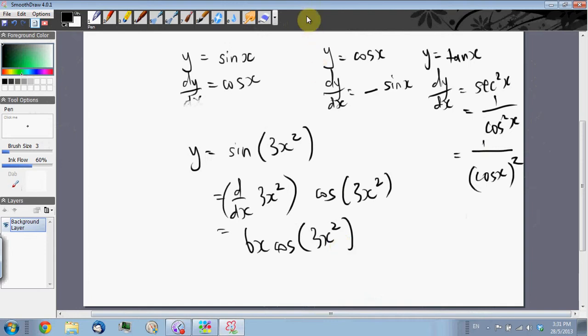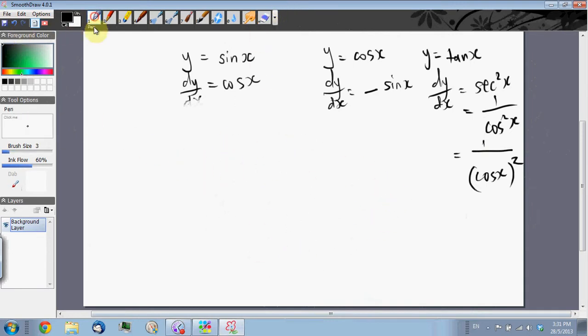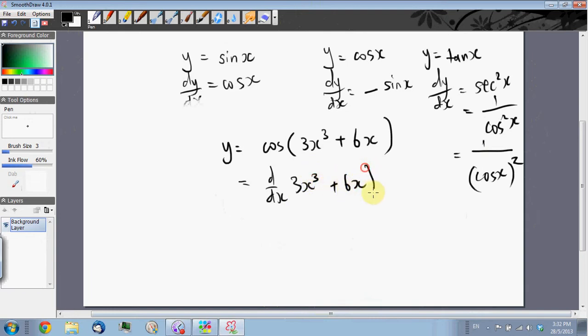Even more complicated ones, maybe like this: y equals cosine of 3x cubed plus 6x. Same, differentiate what's inside, bring it out. Then change cosine to negative sine, keep what's inside.